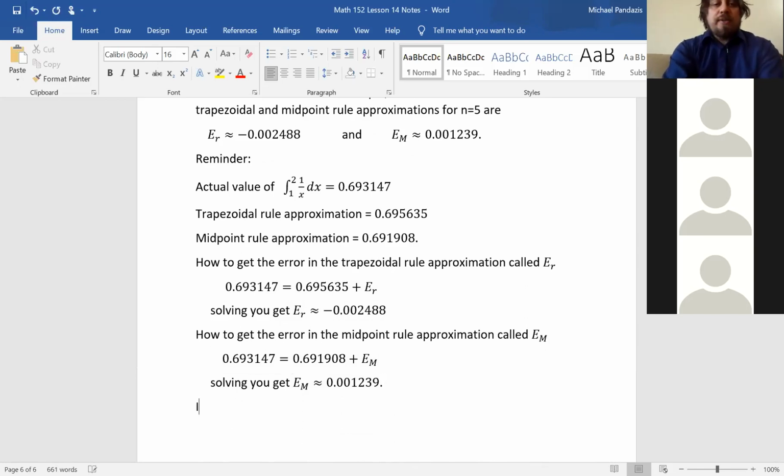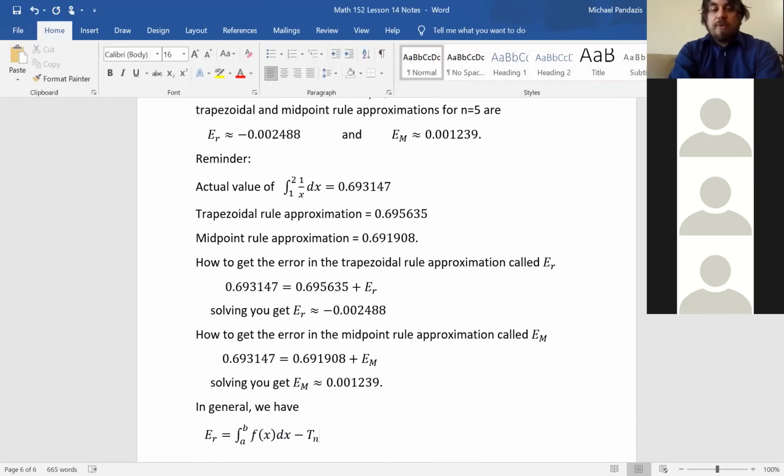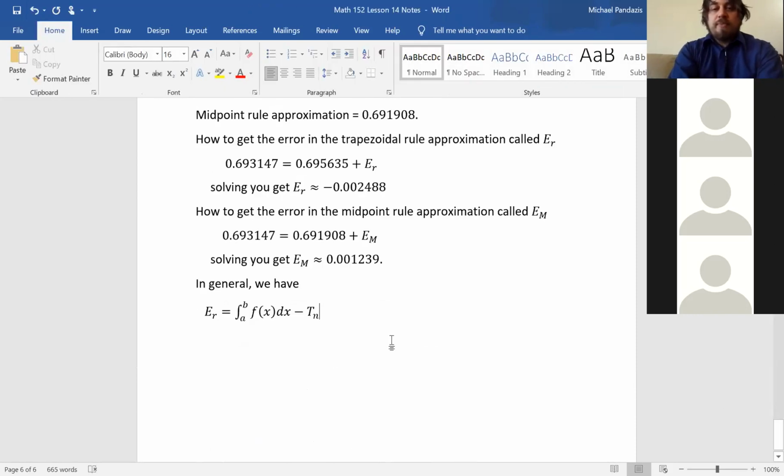Okay, in general, if you have the error in the trapezoidal rule approximation, it's equal to our definite integral from a to b of f of x dx minus T sub n, which is the trapezoidal approximation.